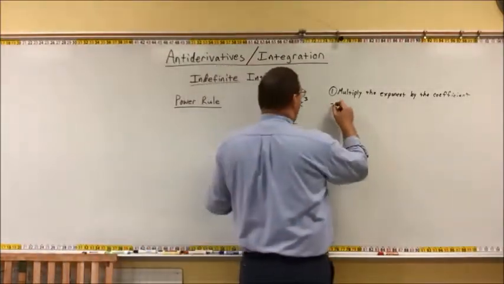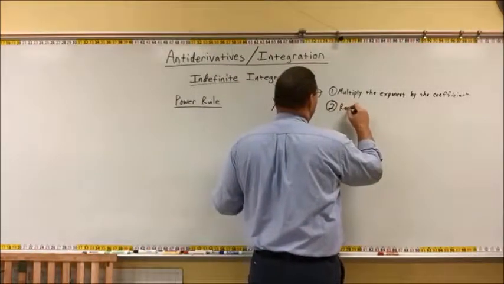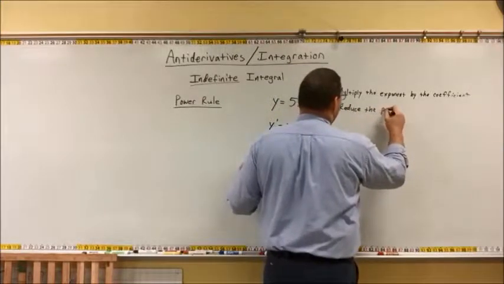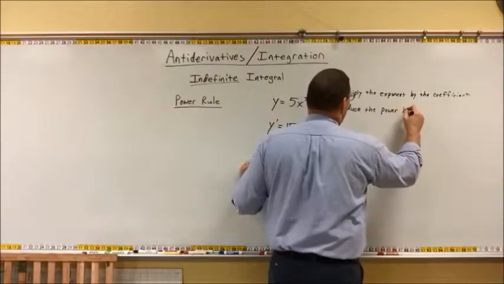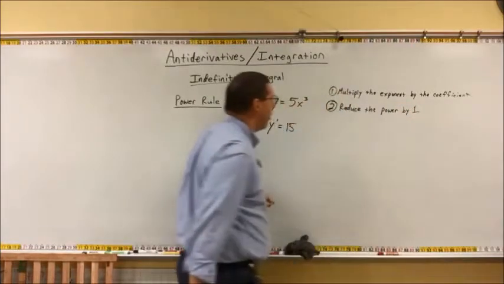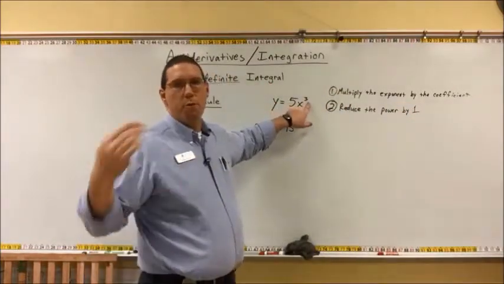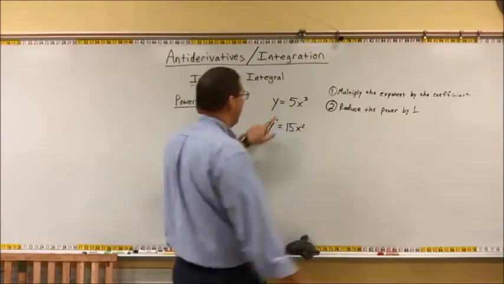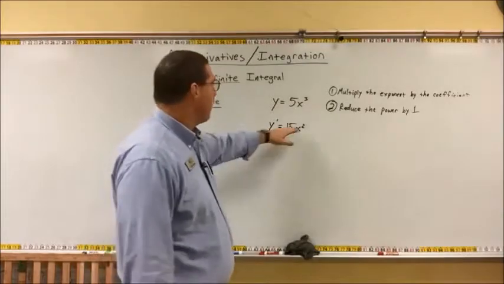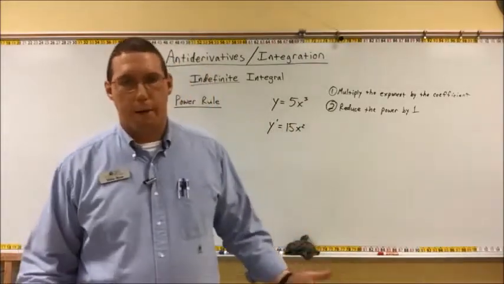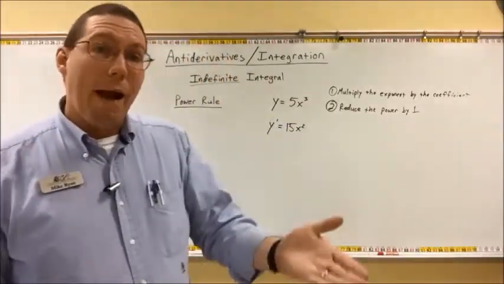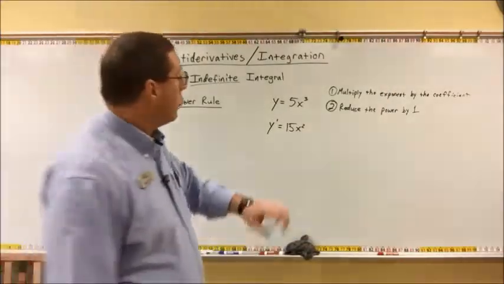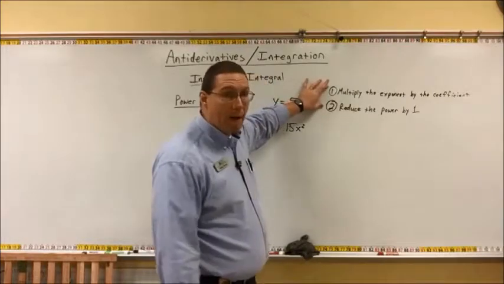Second step for the power rule is reduce the exponent or power, reduce the power by 1. This is x cubed, reduce it by 1, now it's x squared. So the derivative of 5x to the third power is 15x squared. We're done. There we go. So the power rule for an antiderivative is basically going to be these two steps backwards.